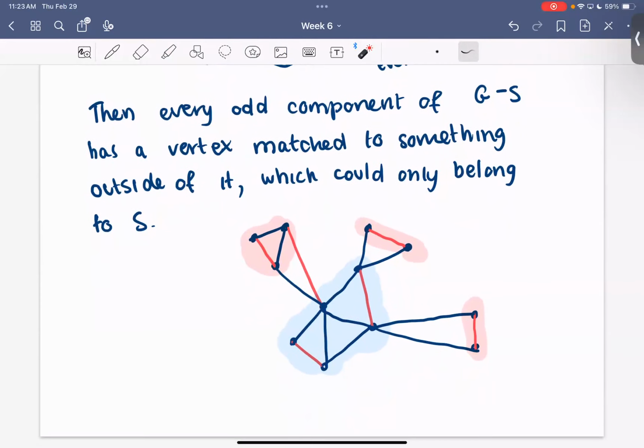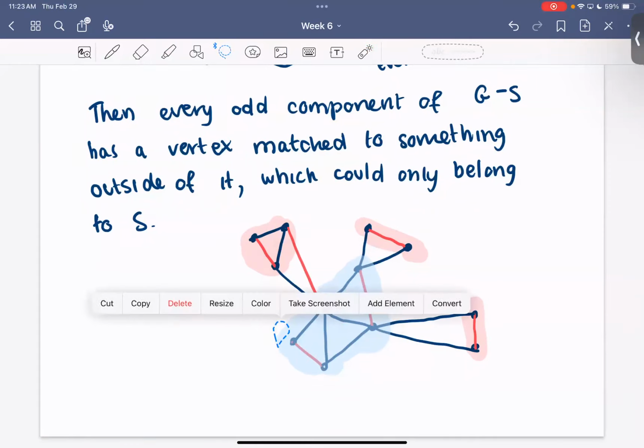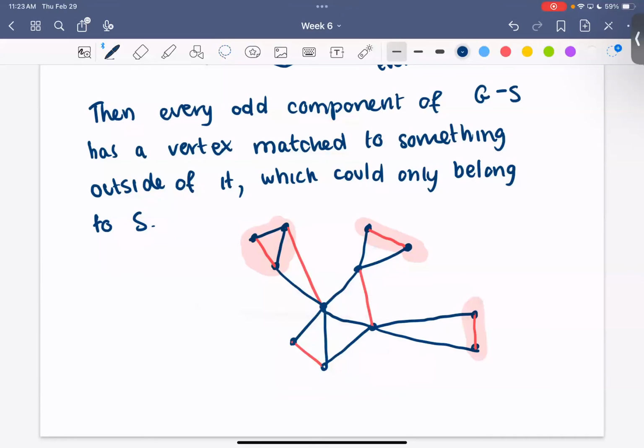So furthermore, actually, I'm going to make us have multiple odd components just to illustrate the next point. So I'm going to change my S. I'm going to make S this. Okay, and then I have another odd component.